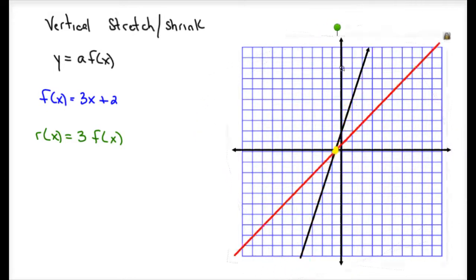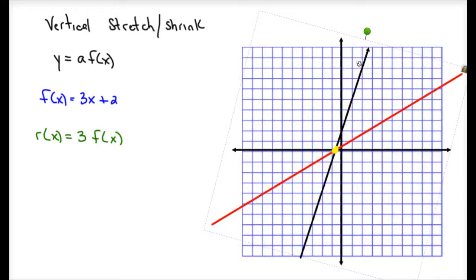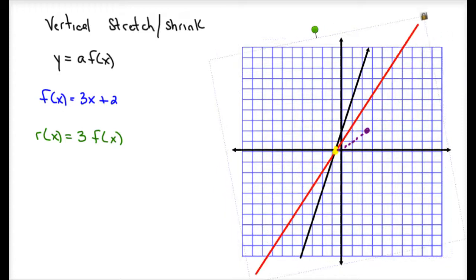Now look at your line. Let's say this is my original line, and look at the distance between this line, and I'm going to go here in purple, this point and that distance to the origin. What's going to happen as I increase my slope? Is that distance going to increase or decrease?